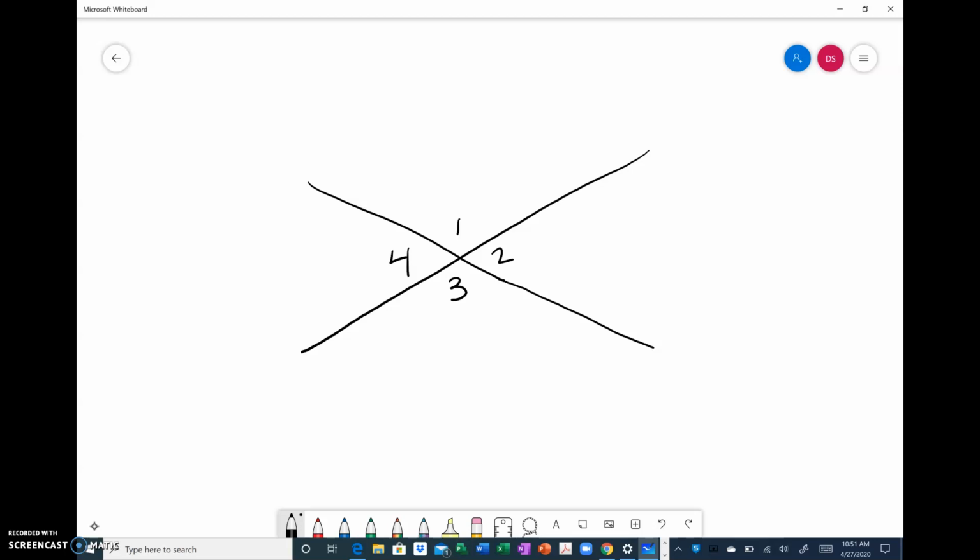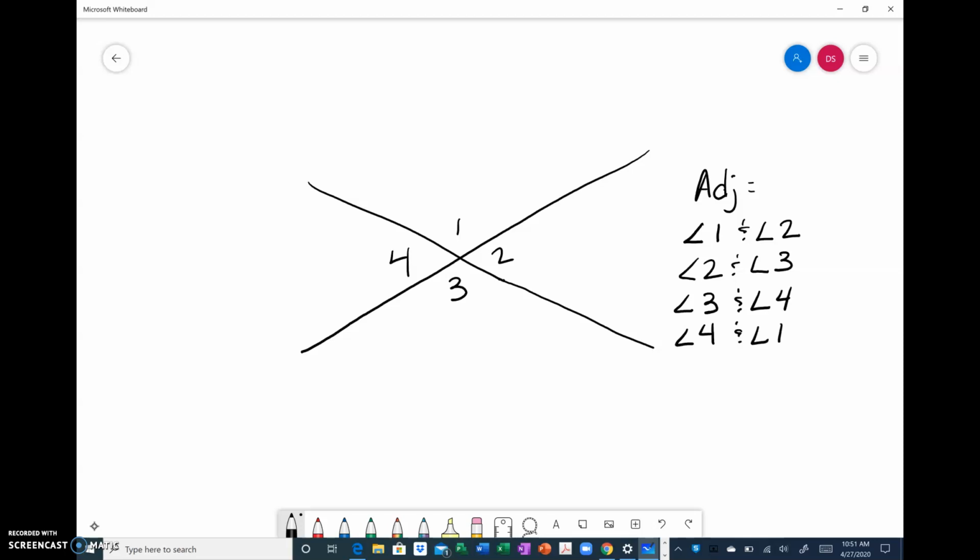You would say adjacent angles are angle 1 and angle 2. Also angle 2 and angle 3. Angle 3 and angle 4. And angle 4 and angle 1. Those pairs are touching each other, have the same vertex, and have one common side.